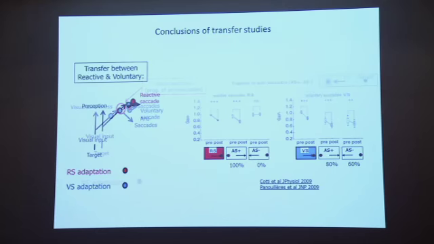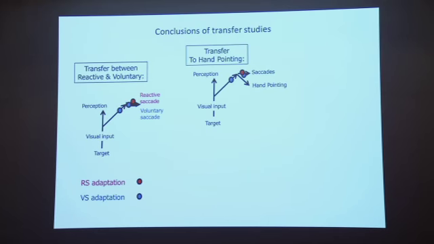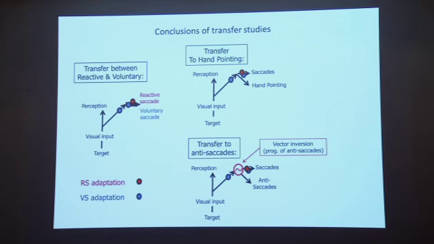So to conclude this first part dealing with the different transfer studies, from independent studies, we came to the same conclusion: for reactive saccade, we could demonstrate only one site of adaptation, quite downstream.